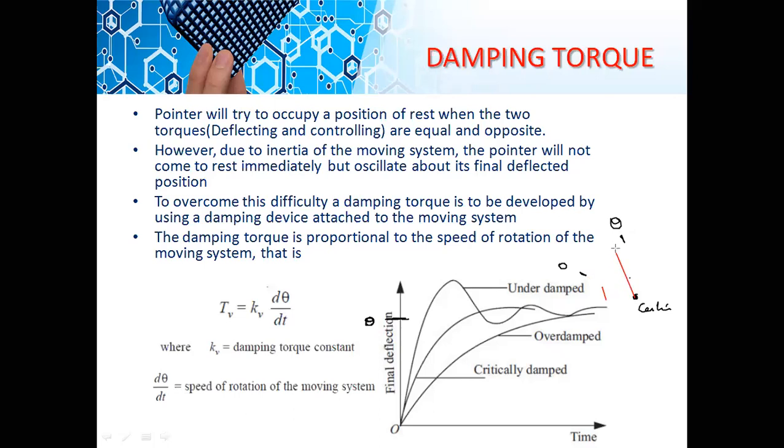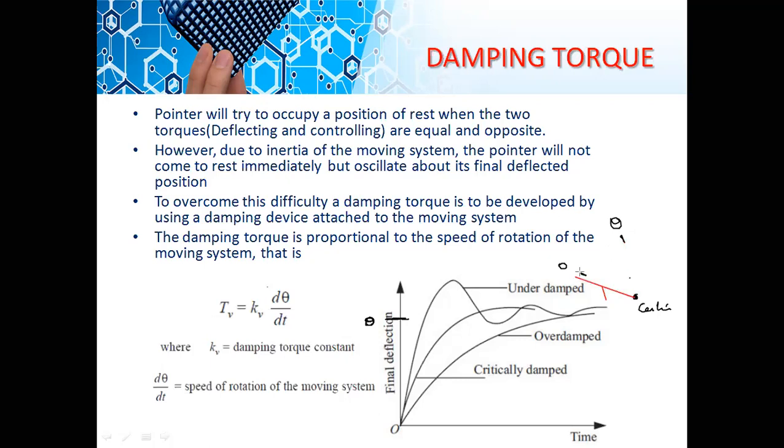As the deflecting torque is increasing, the controlling torque will also increase. The pointer should actually stop at theta after traveling through an angle theta. But what happens in an underdamped system is that the pointer will quickly move and it will come like this.